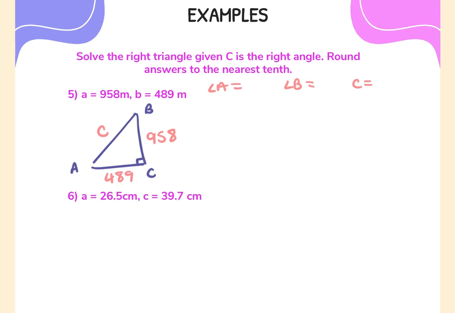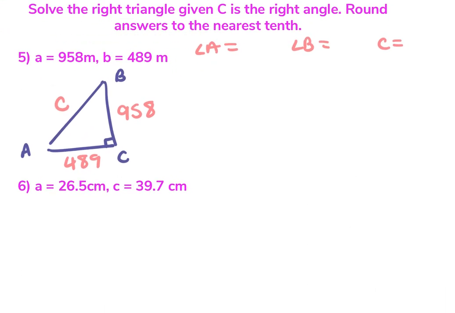Start with side C. How would I find it? You can't do the trig function of the 90 though. Pythagorean theorem. You're given two side lengths and you want to find the third. So I would do 489 squared plus 958 squared equals C squared.